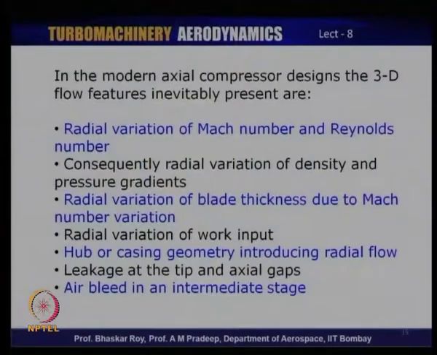This means that the hub and casing geometry, depending on the pressure ratio, if you have indeed pressure ratios of the order of 1.5 or so, your hub and casing is not going to be flat anymore, they are going to be at an angle. And this hub and casing geometry then introduces a radial flow into the flow going through the blades. So, this is introduced by the hub and casing angle that is warranted by the high pressure rise.